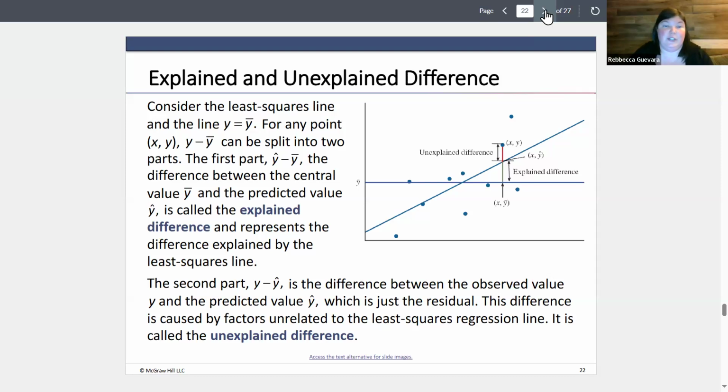We consider the least squares line and the line y equals y bar. So we're going to draw this y bar here. We're showing the mean of the y's, so the mean of all those prices in that case.